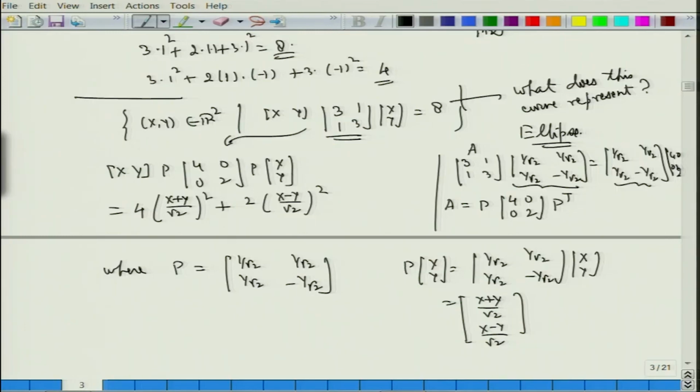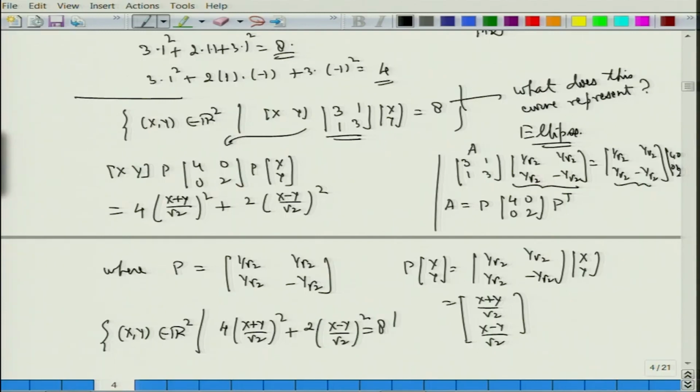Just plug in the values here, this is what you get, fine. So, from here I am looking at all (x, y) belonging to R2 such that 4 times ((x plus y) upon root 2) whole square plus 2 times ((x minus y) upon root 2) whole square is 8. I am looking at this system, is that okay?